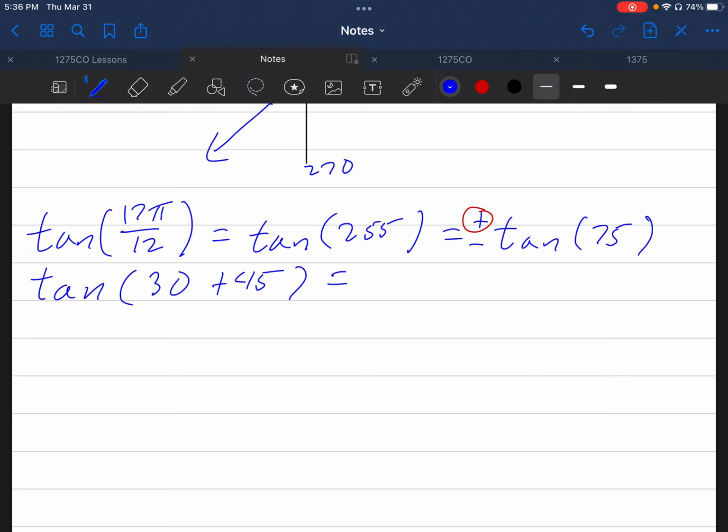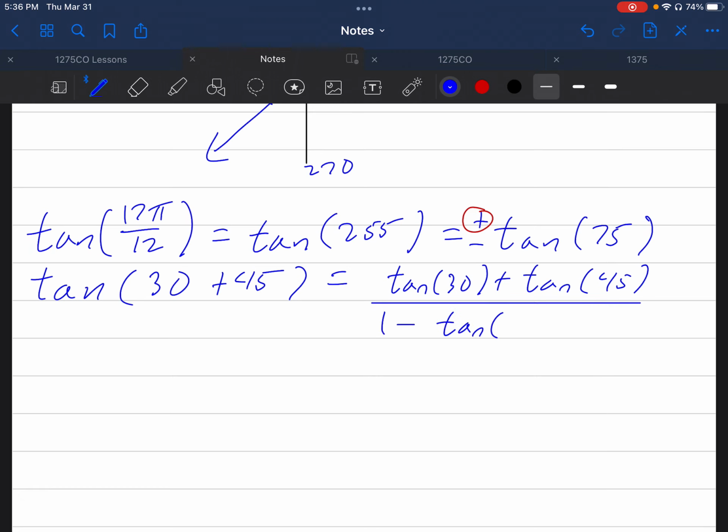So that's going to get us here, the tangent of 30 plus the tangent of 45 divided by 1 minus tangent 30 times the tangent 45.